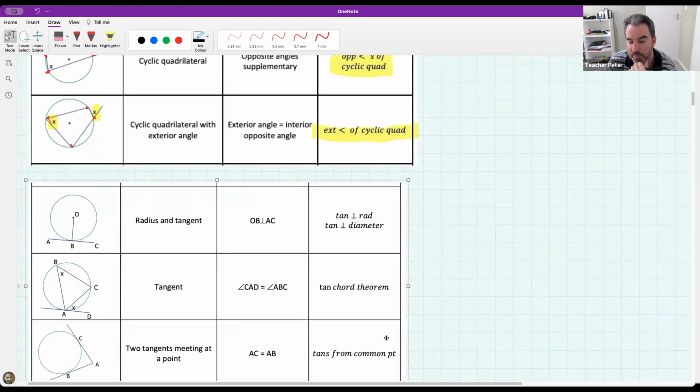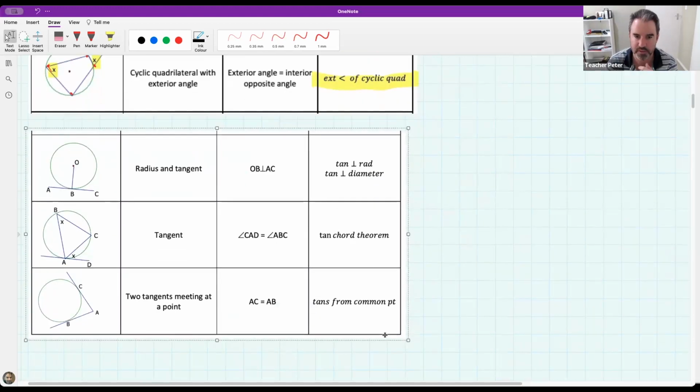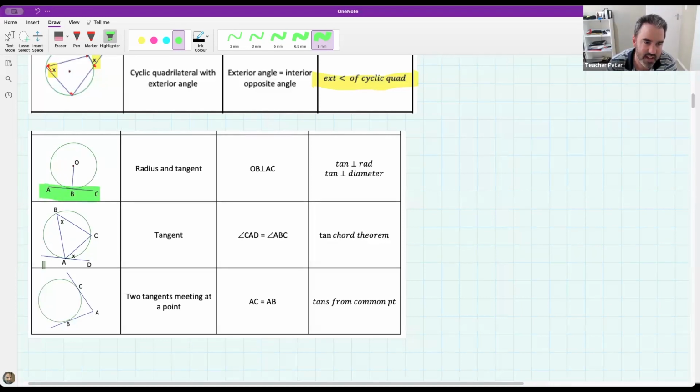Today, I'm going to show you some visualizations, but the main idea that we're going to focus on is something called a tangent. A tangent is a line that touches a circle in only one place. It's possible to have dual tangents like this last one here, where they come from the same point, but we're really going to focus on tangents.